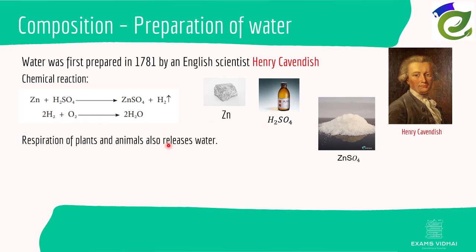Respiration of plants and animals also releases water. So whatever we breathe, the oxygen, right? We breathe in oxygen, plants breathe oxygen, animals breathe oxygen. They combine with glucose. The glucose here is the sugar that you find daily in your home kitchen.